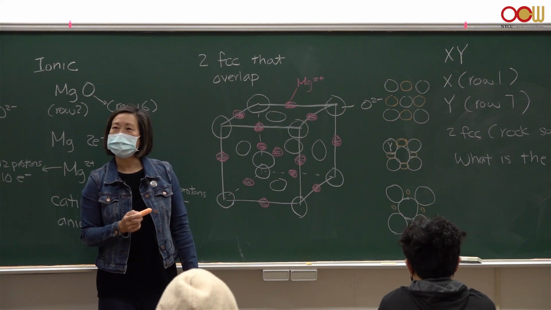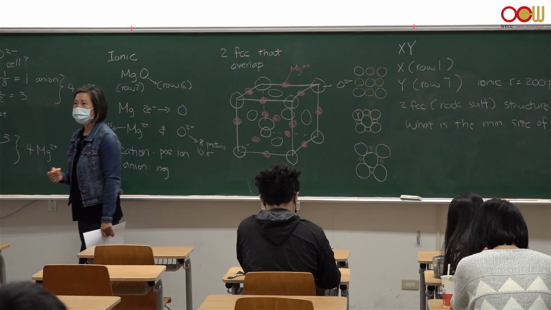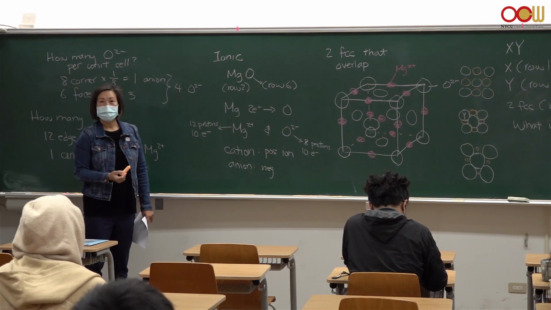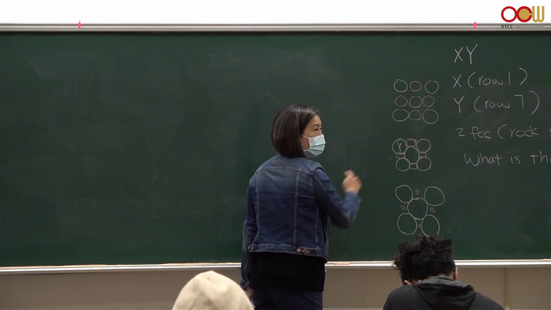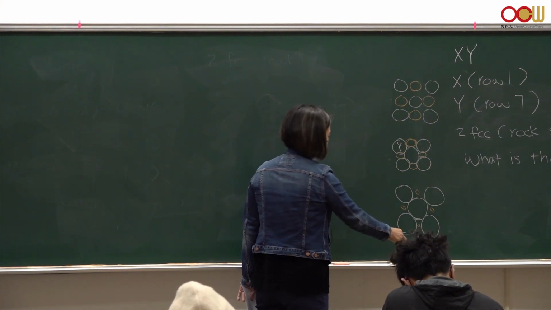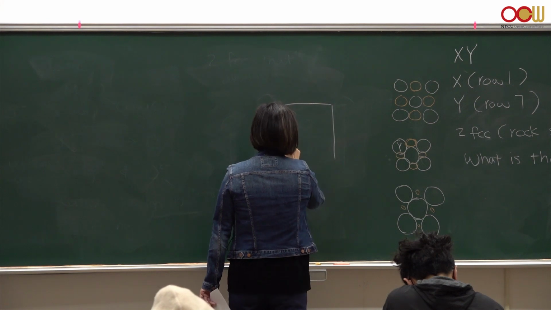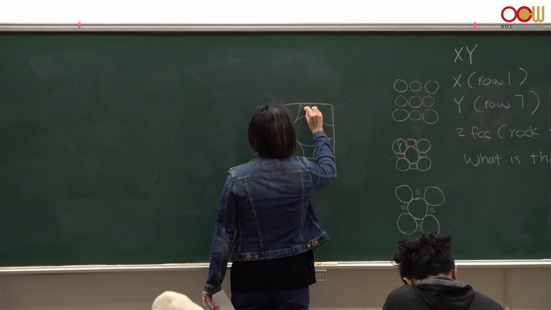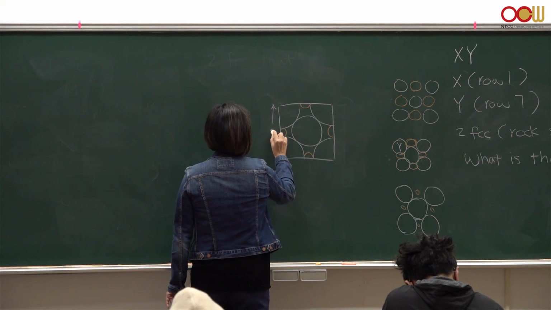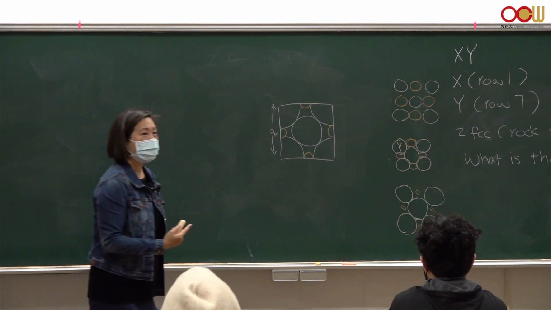So how do we find what is the minimum size of X that would fit into that structure? How would you solve that problem? So I will use this picture, because that's what it has to be. This is the minimum, right? So I'll use this picture, and I would draw it like this. A is my lattice parameter for my unit cell.